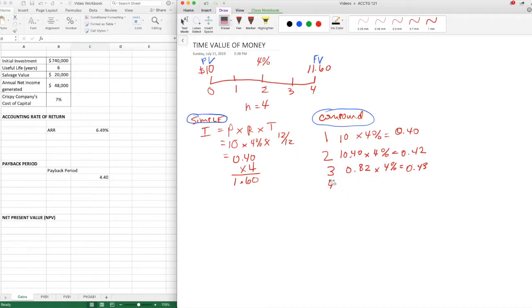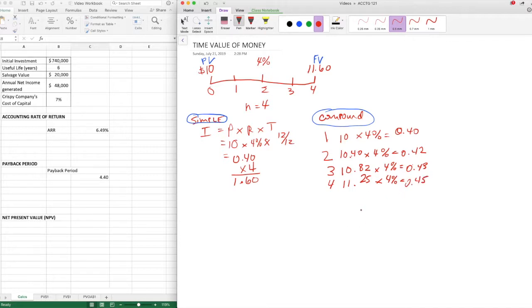And then in the fourth year, we're going to earn... Oh, come on, pen. There we go. So in the fourth year, the 1082 plus the 43 that we got in the third year, we're going to be earning interest on $11.25. 4%. We're going to earn how much here? 45 cents.